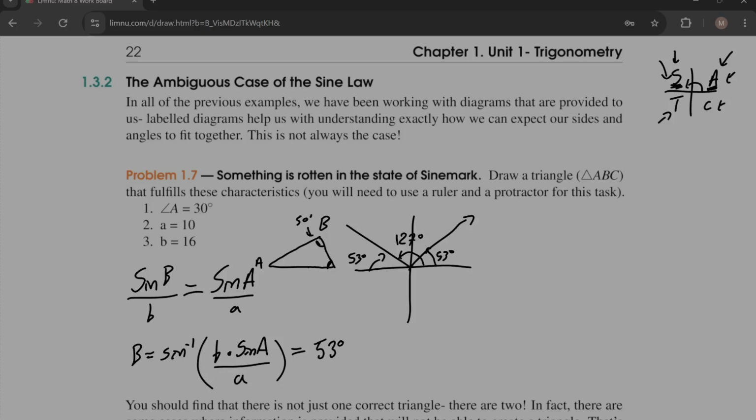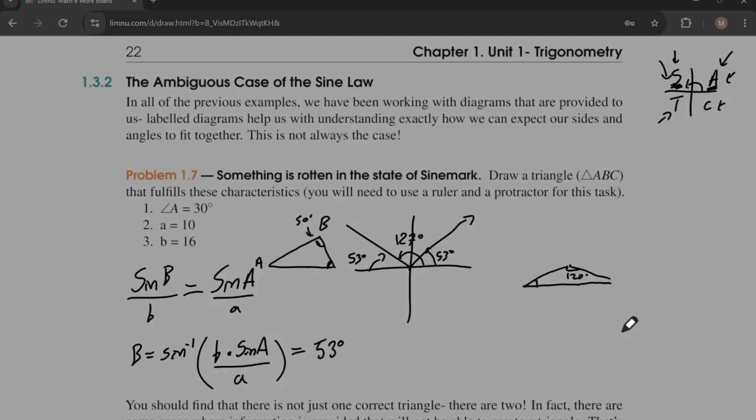So it's possible that instead of being like this, we actually have A, which is about 30 degrees, and then B, instead of being a tighter angle, is actually a big fat angle like this, which is 120 degrees. Okay, so we actually have two triangles where we could have the sides matching out properly, but we would have different measurements. And this is kind of a bit creepy.